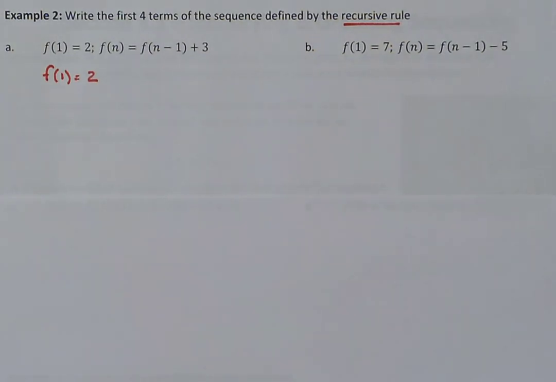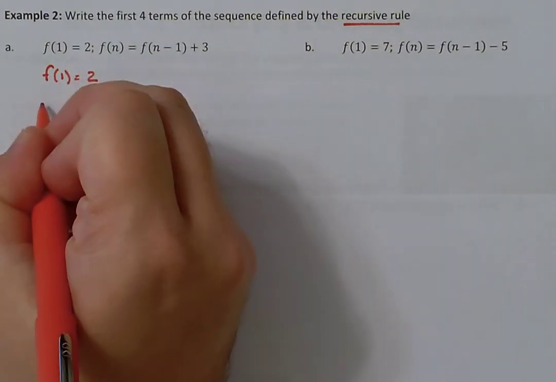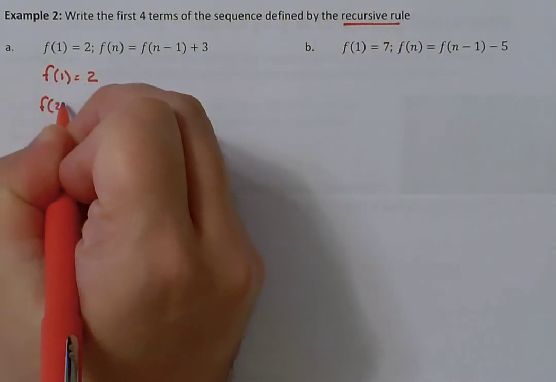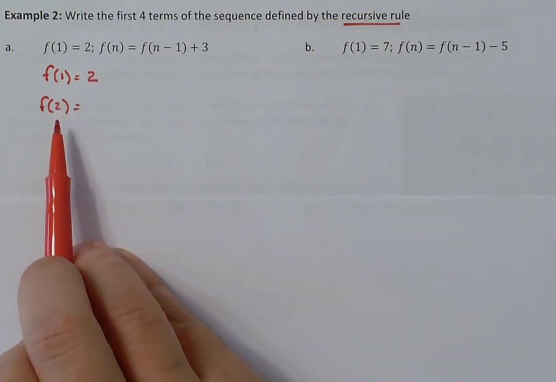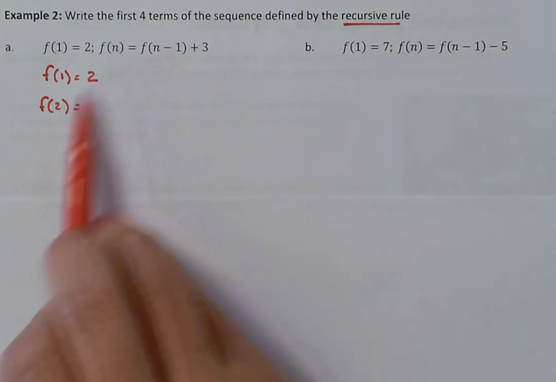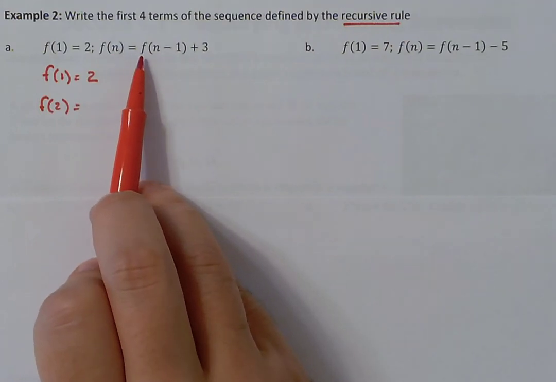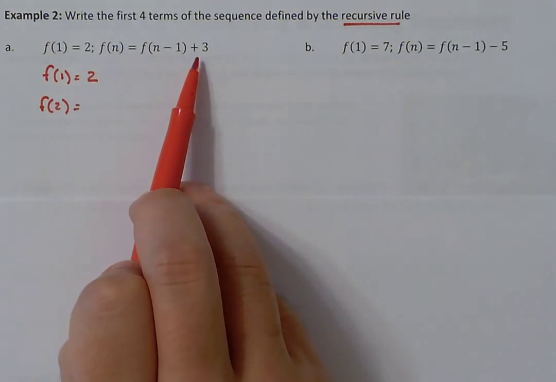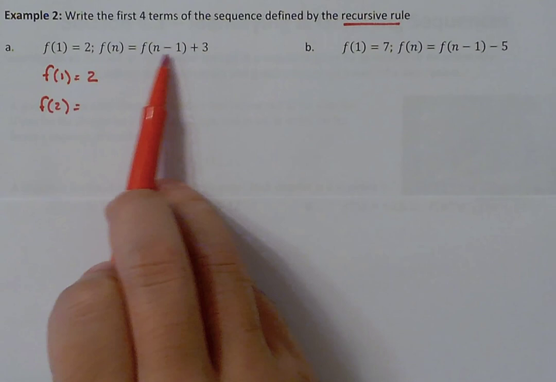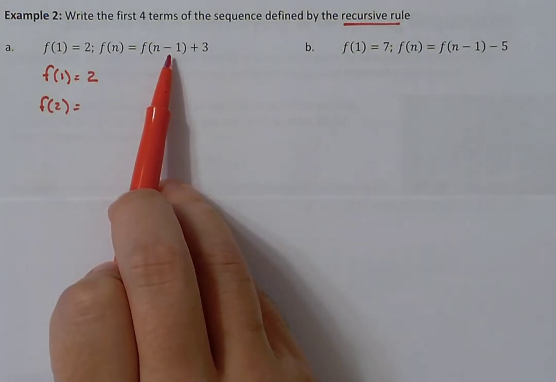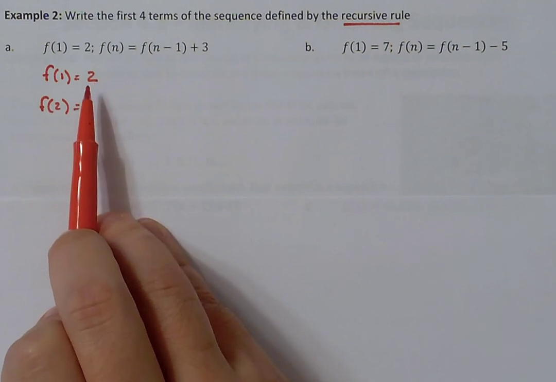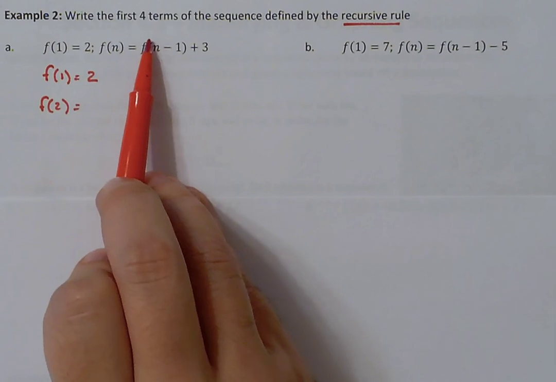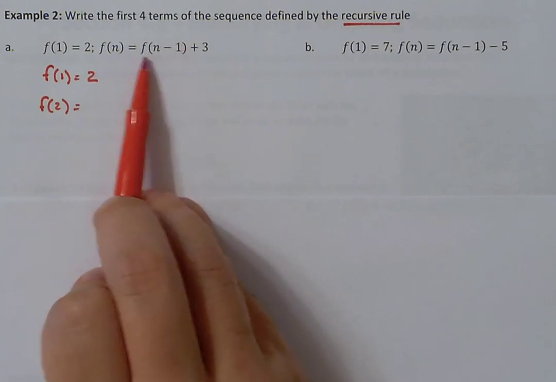Now to do the second term, we're going to have f of 2. If I plug 2 into this, we have f of 2 equals f of 2 minus 1 plus 3. Well, 2 minus 1 is 1, so this becomes f of 1, and f of 1 is 2. So we're going to take the previous term, in this case 2, and plug it in for this f of n minus 1.